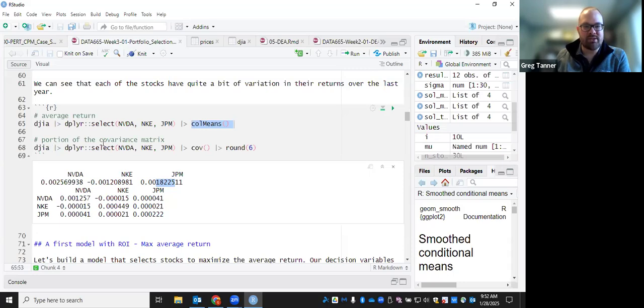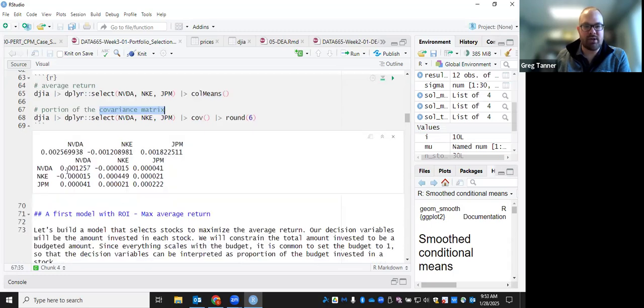And then what I've got here is a portion of the covariance matrix, and this will come up a bit more later. Along the diagonal, when we look at NVIDIA versus NVIDIA, it tells us how much volatility or variation there is in NVIDIA's price. So here's the amount of variation in NVIDIA's price, Nike's price, and JP Morgan's price.